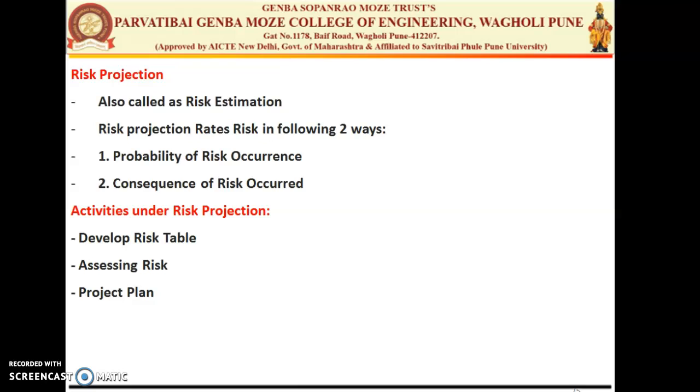And unknown risks are the risks which can be uncovered after careful evaluation of the whole project plan, the business, and the technical environment.